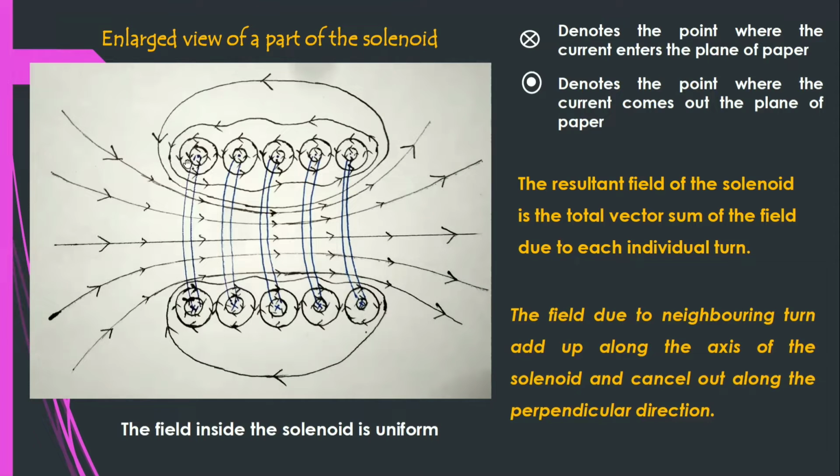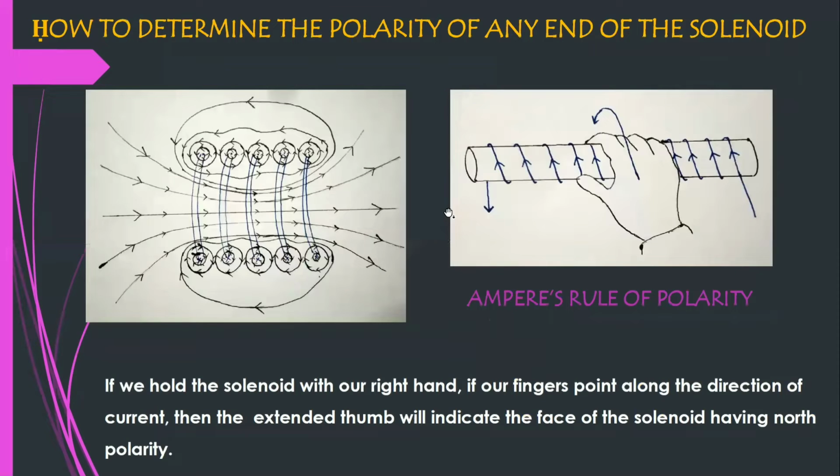Look here, this turn is along this direction and this one along this direction, so they add up, and they cancel along the perpendicular direction. By combining this effect, we get this kind of lines of force, and the field inside the solenoid is uniform in nature.